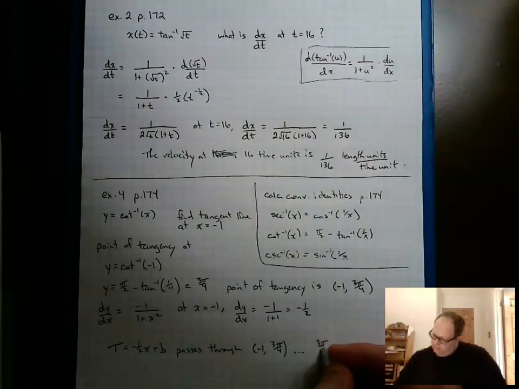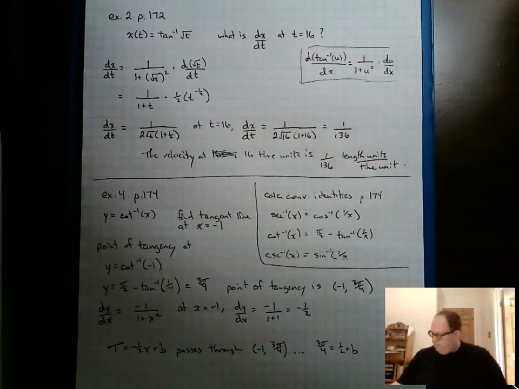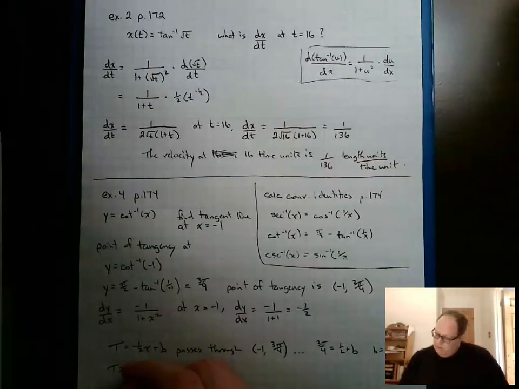So 3 pi over 4 equals, well, 1/2 plus b. So b would equal, some unpleasantness, 3 pi over 4 minus 2 over 4, 3 pi minus 2 over 4. This is a slightly different form than what's in your book, but it works out to be the same. Your tangent line is -1/2 x plus 3 pi minus 2 over 4.